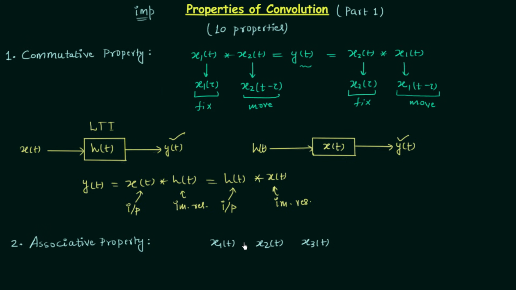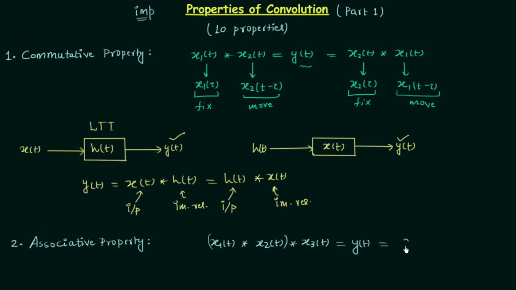So we will have x1(t) convolution with x2(t), and the output of this convolution is convoluted with signal x3(t). And let's say the final signal is equal to y(t). Now according to associative property, if we convolute signal x2(t) and x3(t) first and then convolute the result of this convolution with x1(t), we will get the same signal.